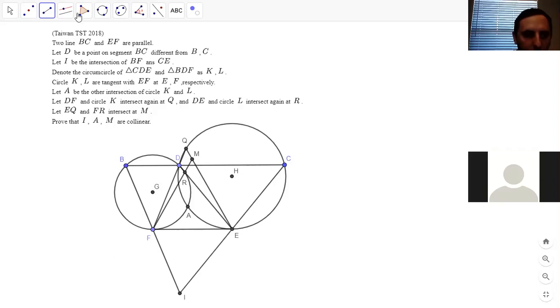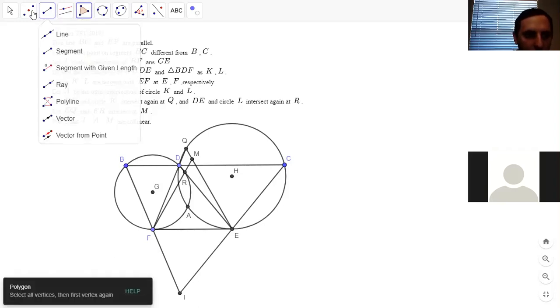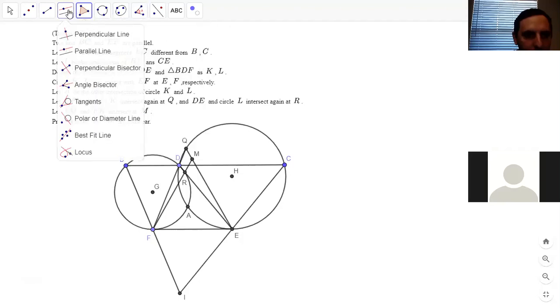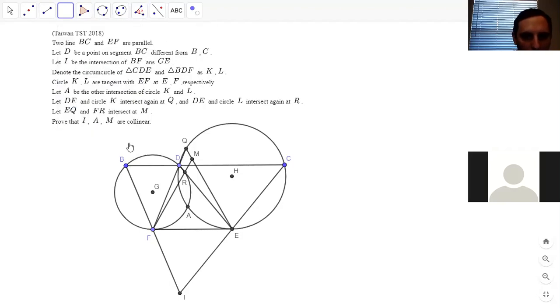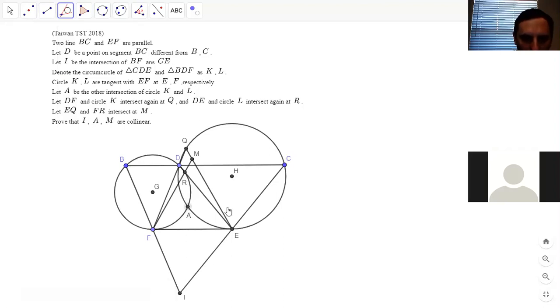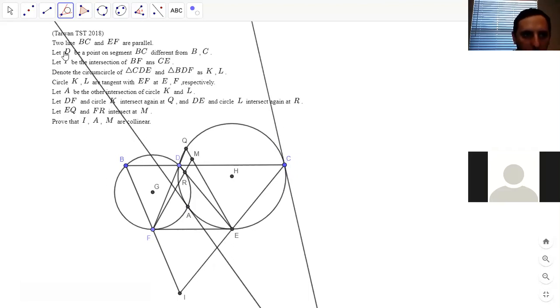Let me check it out. So let me draw the tangents. I'm going to draw the tangents at A and C, and then I want to see if QE passes through the intersection.